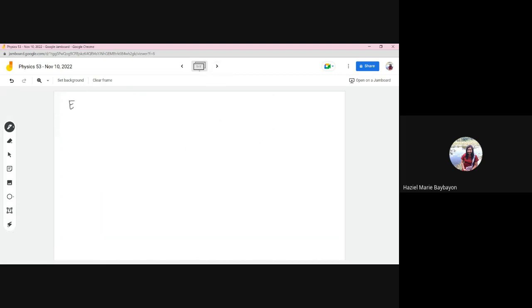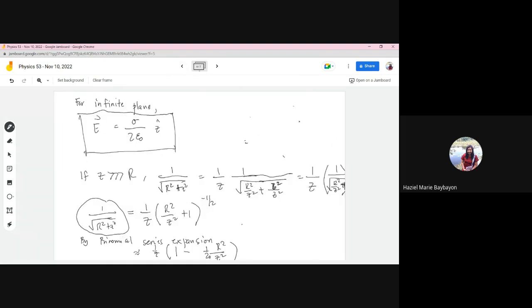So you have E sub z equals 1 over 4 pi epsilon naught, and then you have 2 pi sigma z multiplied by 1 over z minus 1 half r squared over z squared. Okay, so 1 over z minus 1 half r squared over z cubed.